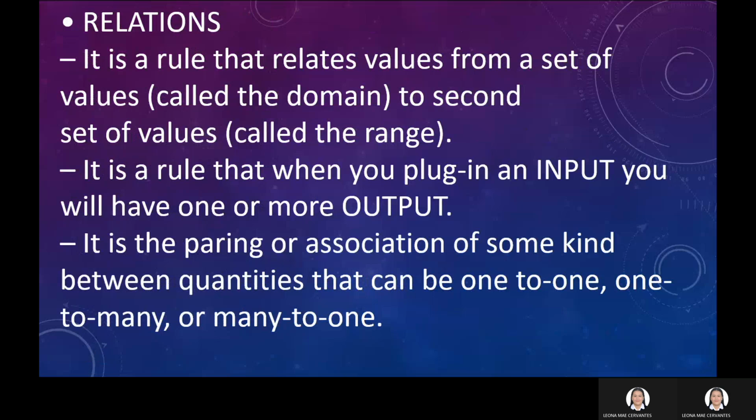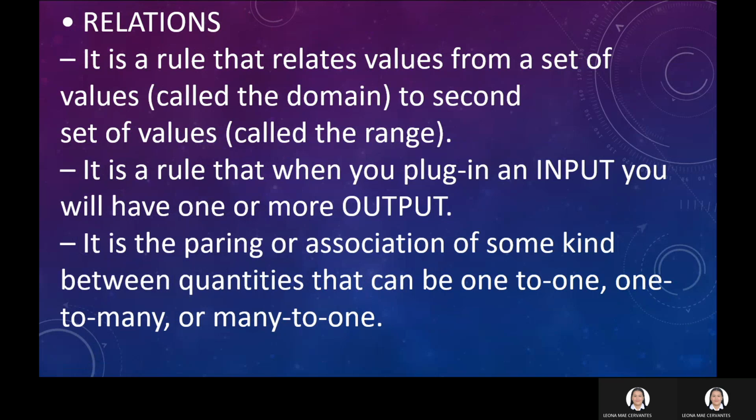Next, relations. It is a rule that relates values from a set of values called the domain to the second set of values called the range. It is a rule that when you plug in an input, you will have one or more outputs. It is the pairing or association of some kind between quantities that can be one to many, or many to one.